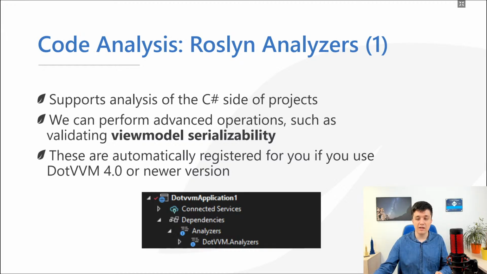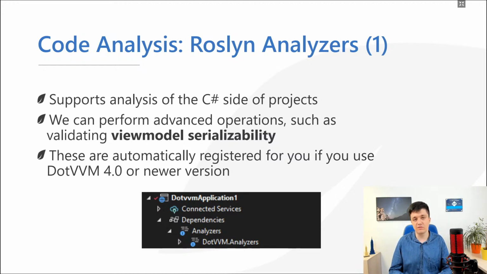So for example, if you are using Visual Studio and you reference DotVVM 4.0 or newer in your application, you should automatically get these DotVVM analyzers registered for you under dependencies and analyzers. This should be automatic. You don't really need to do anything in order to get this feature.